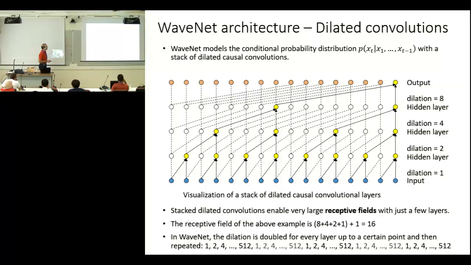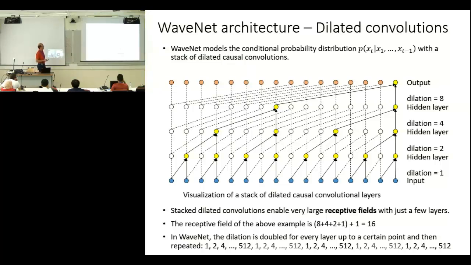In the next level, we have a dilation 8, and now the receptive field is all that. So the dilated convolution allows us to increase the receptive field exponentially with the depth or height of the network.